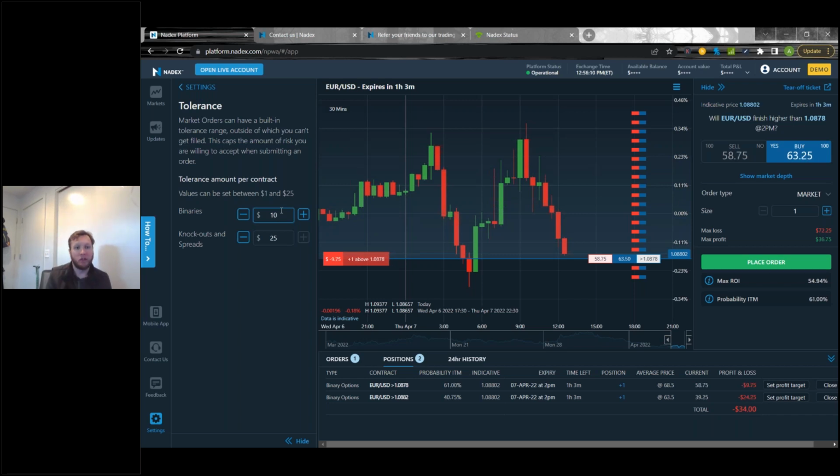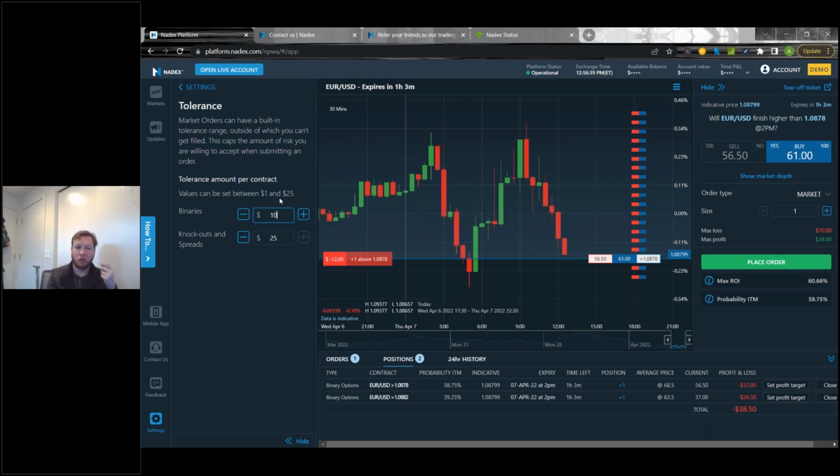What this is basically doing is it's a protection level on your market order, because when you do a market order on most exchanges, what you're saying is give me in at the best available market price, even if I were to pay like $40 and then the price goes up to $80, most places it's just going to get you in at that 80 because you said give me in at the best available market price whenever you can be matched. Because with binary options they move so fast, we basically built in this sort of tolerance range, and you can set it here.